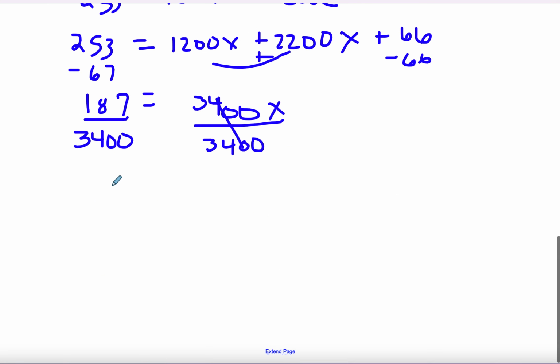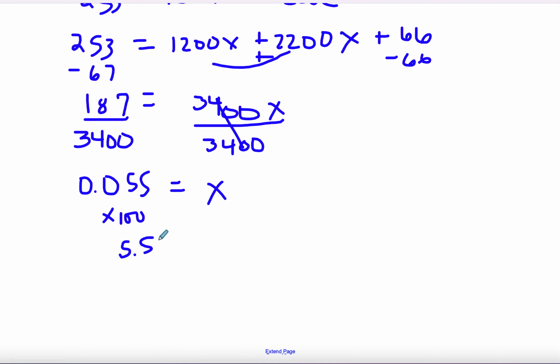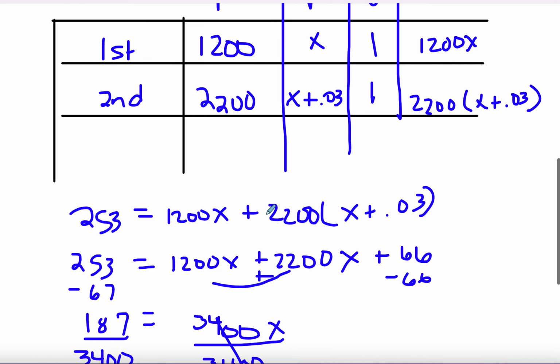When we divide, we end up with 0.055, which as a percent, all you gotta do is multiply by 100, 5.5%. That is the first interest rate.